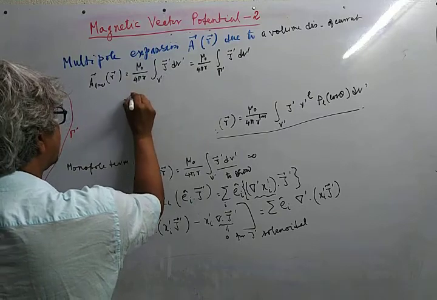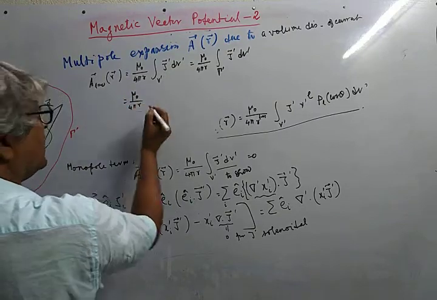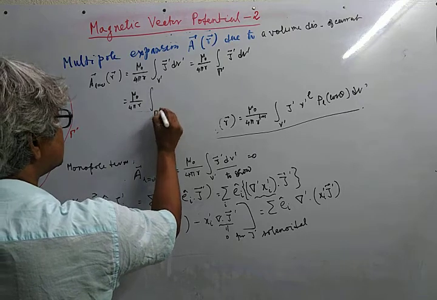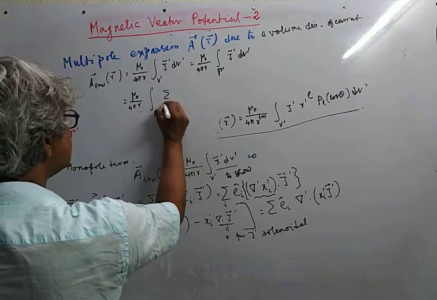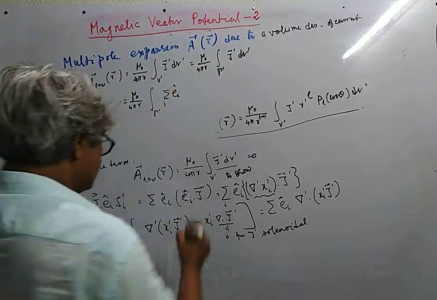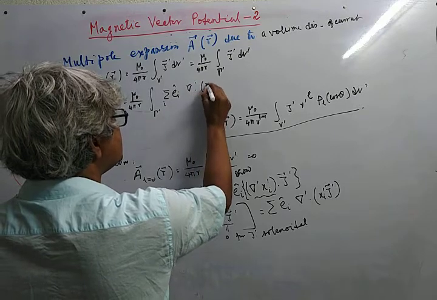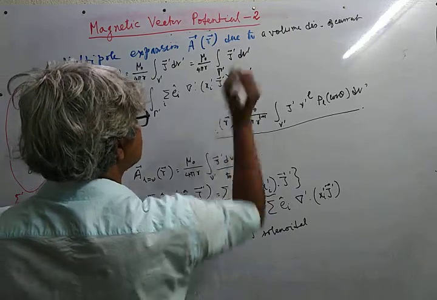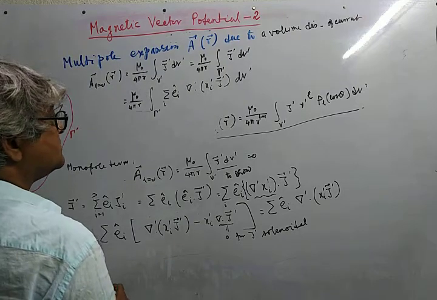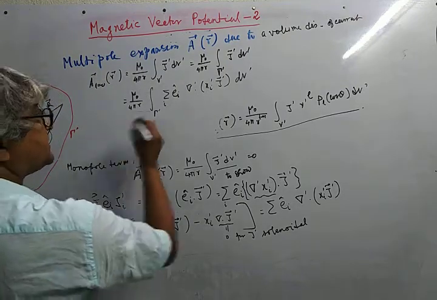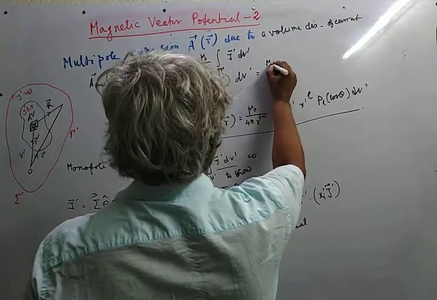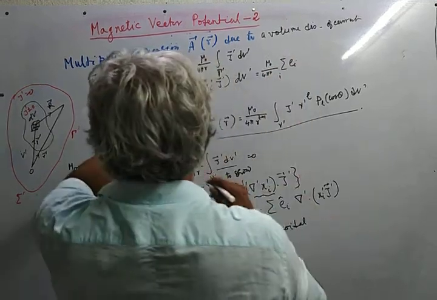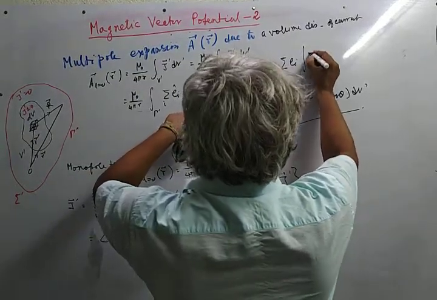Now for this part we write, and this is written as mu 0 upon 4 pi R summation over I EI cap, then this integration divergence prime.